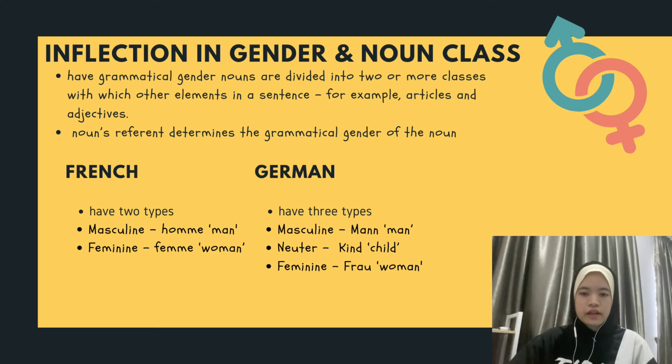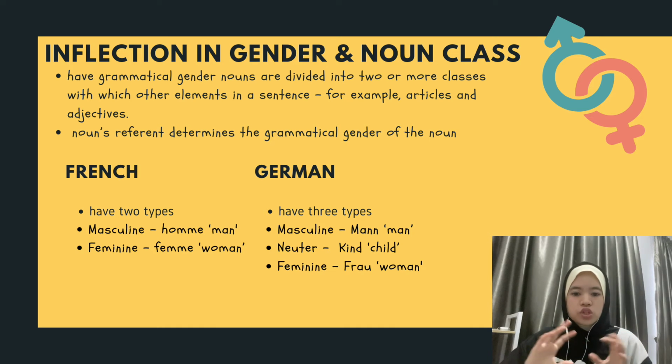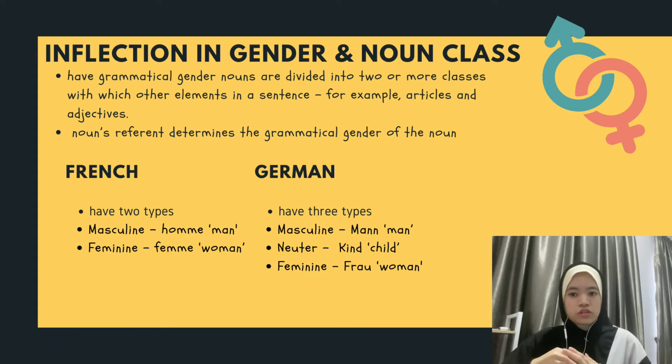For the third slide, it is about inflection in gender and noun class. These inflections have grammatical gender, where nouns are divided into two or more classes which agree with other elements in a sentence, for example, articles and adjectives. The noun's referent determines the grammatical gender of the noun.